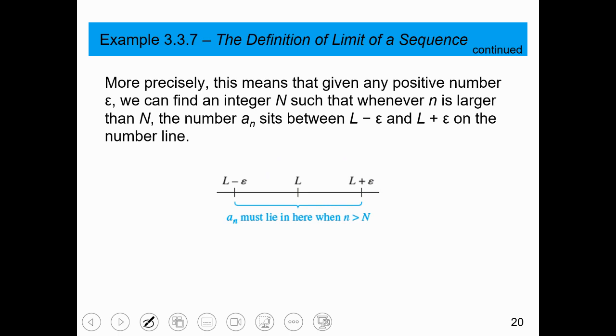More precisely, this means that given any positive number epsilon, we can find an integer N such that whenever n is larger than capital N, the number a sub n sits between L minus epsilon and L plus epsilon on the number line.